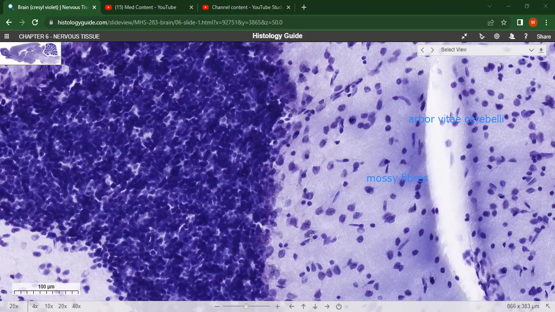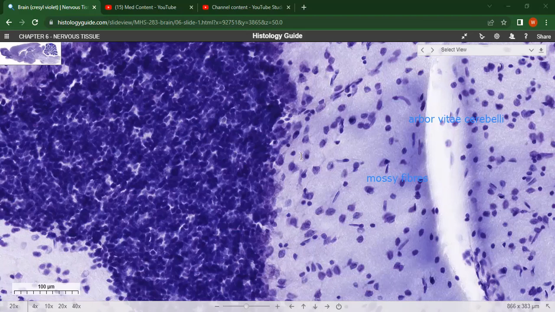Then the emboliform and the globose are associated with the paleocerebellum. Then the fastigial nucleus is associated with the archicerebellum. Okay, so that is the histological organization of the cerebellar cortex.